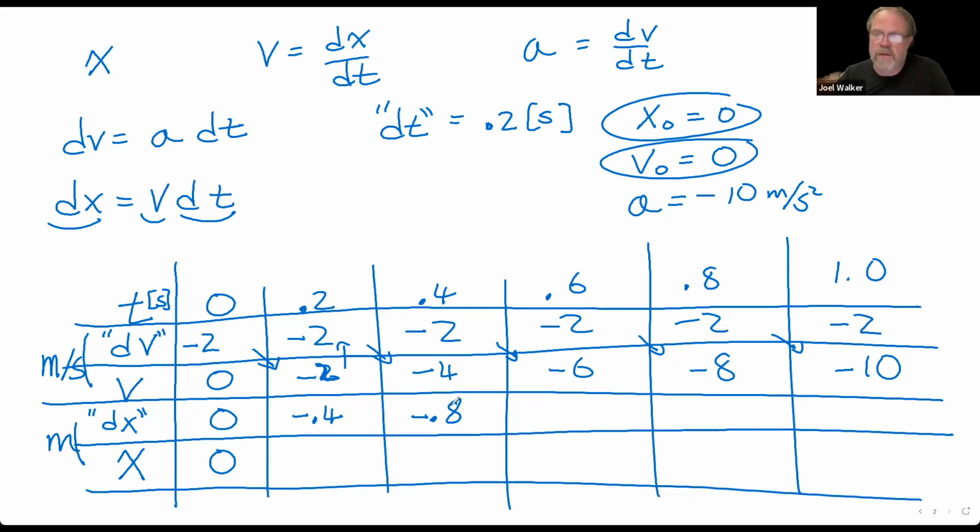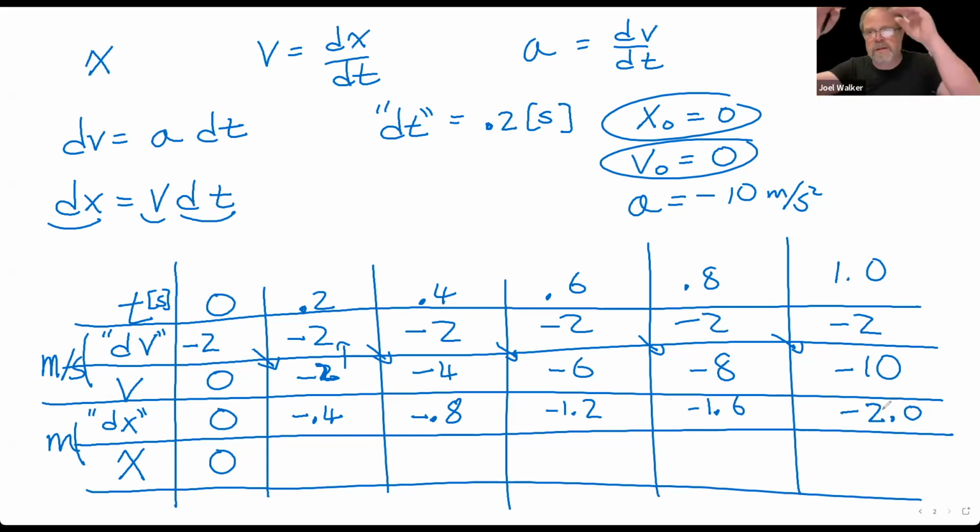So we drop 0.8 meters in that interval. In the next interval, our velocity has decreased further to -6. -6 times 0.2, -1.2, -8 times 0.2, -1.6, and -10 times 0.2, -2.0. Let's see if we can make sense of that.